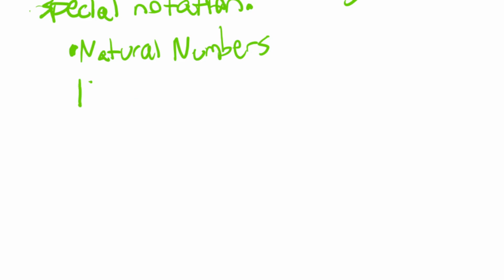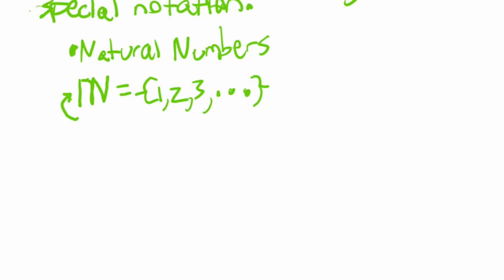So, one such thing is natural numbers. So the natural numbers will be, draw this fancy looking N, and I'll explain that kind of writing font in a second. So natural numbers are 1, 2, 3, and so on and so forth up to infinity.